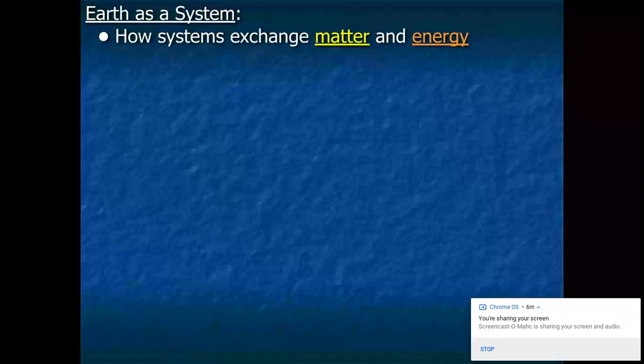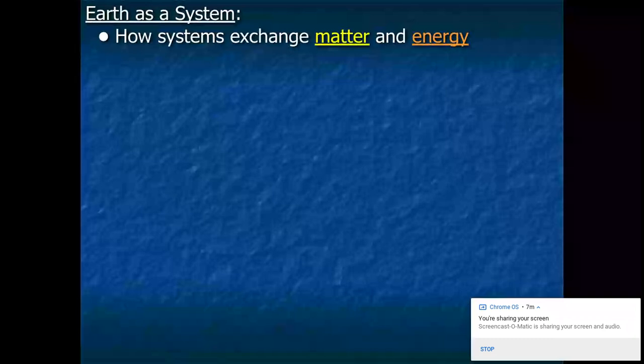So given Earth as a system, it's good to start with two major components that allow the processes of Earth to take place. And we can look at how a system, or in this case, the Earth, exchanges matter and energy.